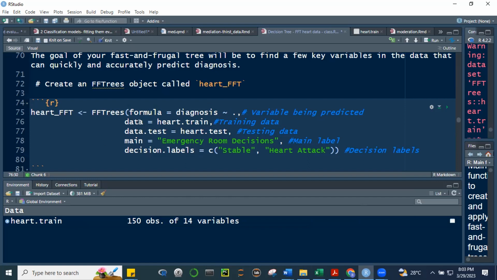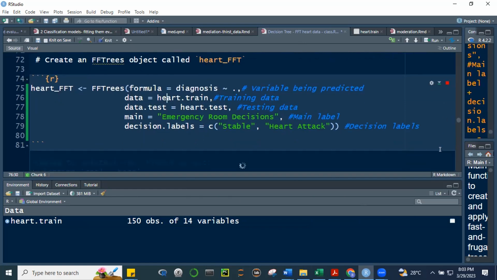For our training data, data is equal to heart.train. For our testing data, data.test is equal to heart.test. Our main plot will have the name emergency room decisions, and our decision labels are stable and heart attack. Okay, so let's run this.